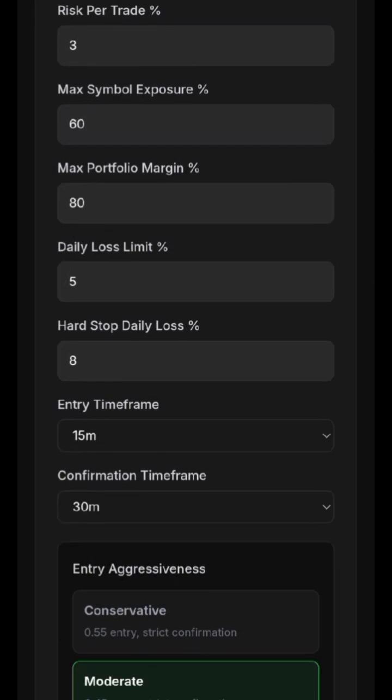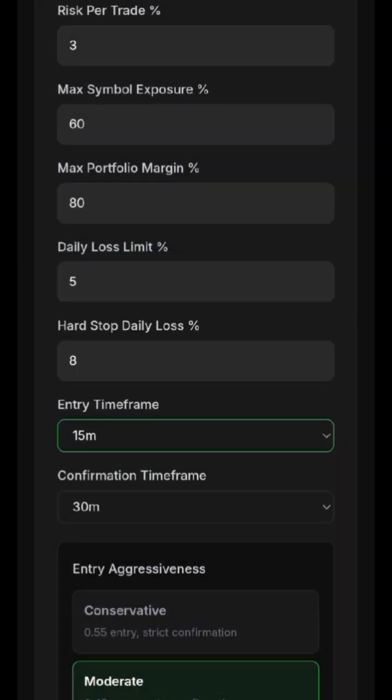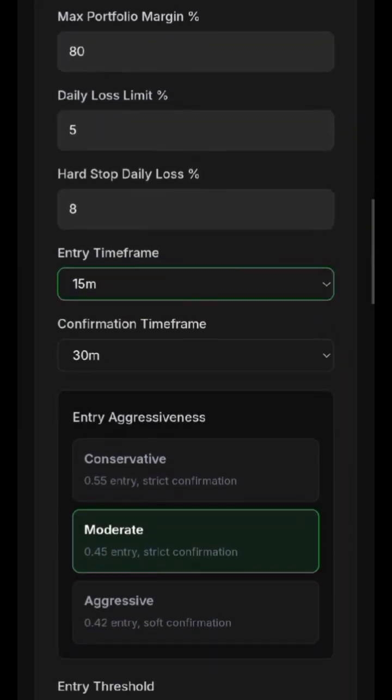That means if you are losing more than 8% of your capital, stop trading. That is what it means. All right, that hard stop daily loss. That's what it means. So you leave it at 8, and then entry time frame, leave it at 15 minutes entry time frame. All right, and then confirmation time frame, leave it at 30 minutes.